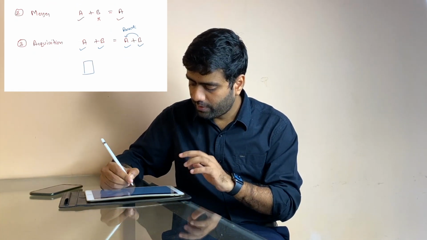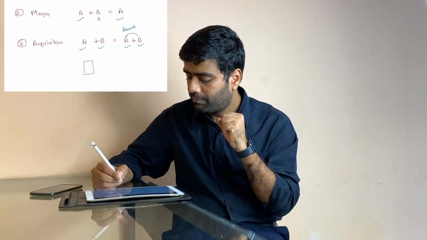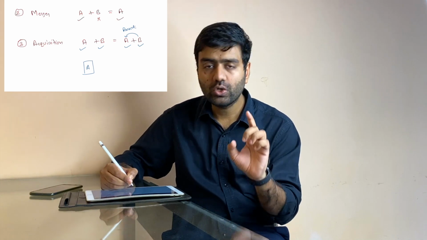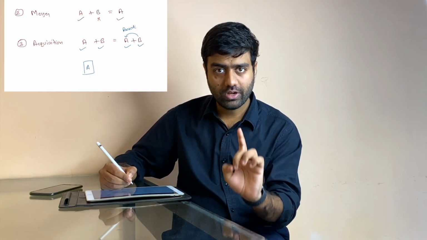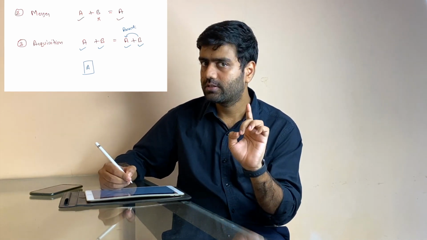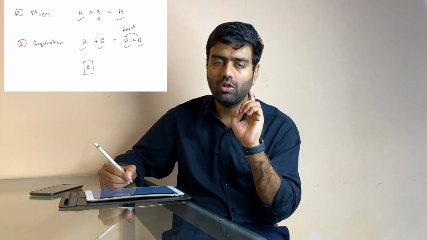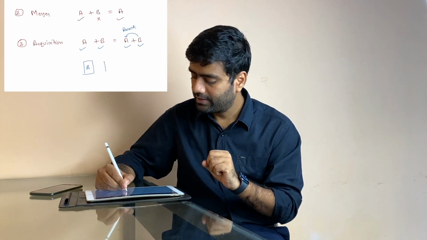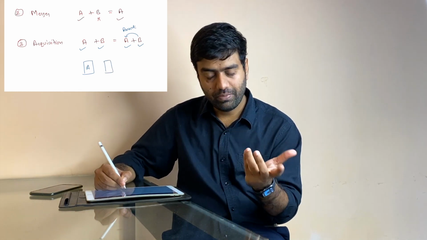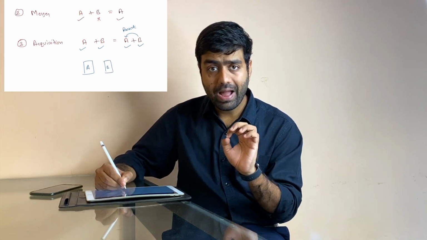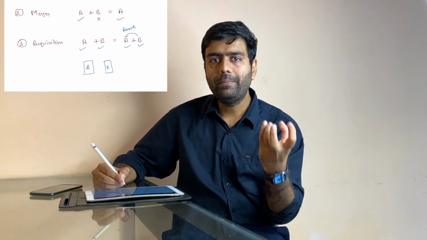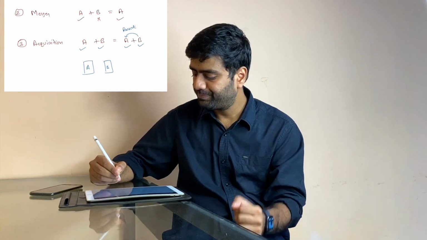Before acquisition, there is a stand-alone balance sheet of A which only reflects the transactions, performance, and all the financial status of A. Then there is a company called B, and there is a stand-alone balance sheet of company B, which will always reflect B's performance and transactions.